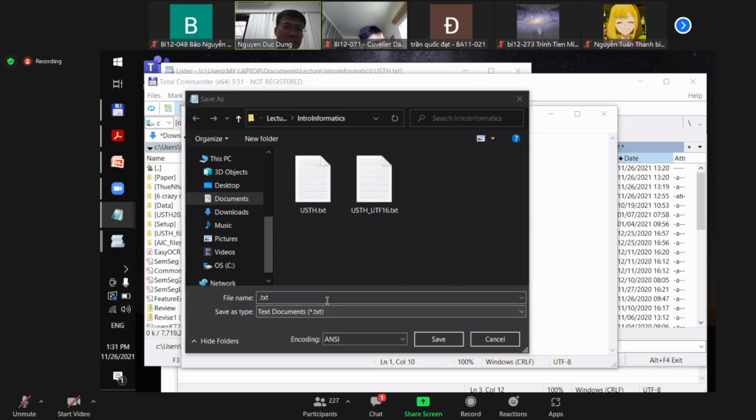So I decided to write my document in ANSI, using the encoding scheme, because I wanted my files as small as possible.